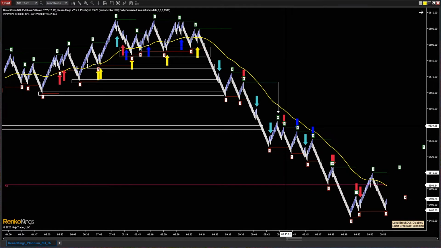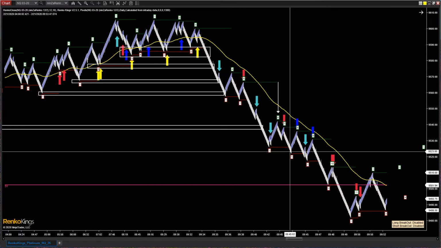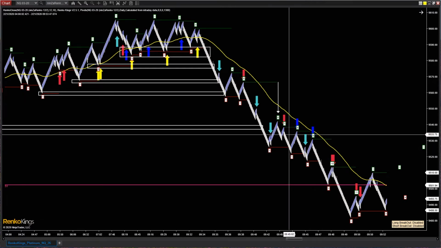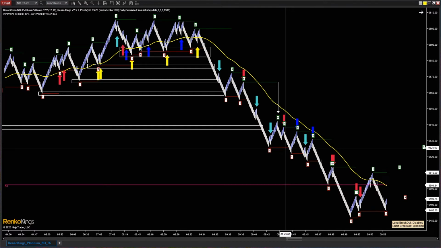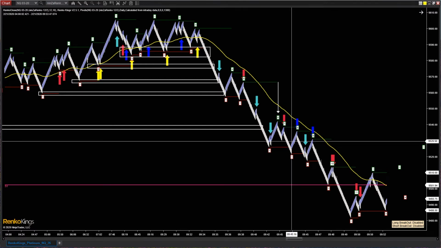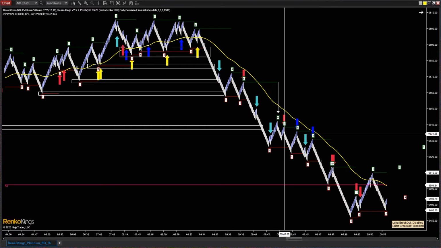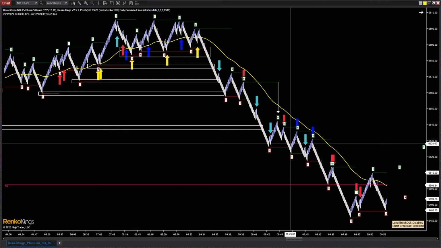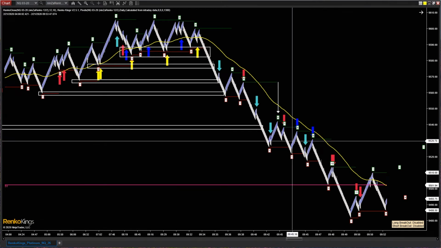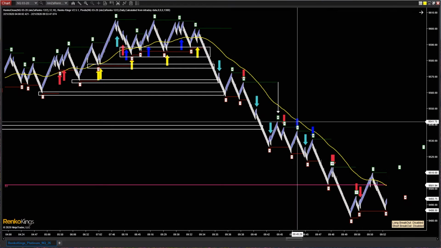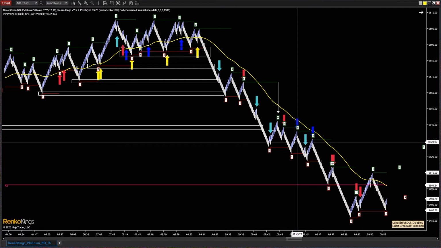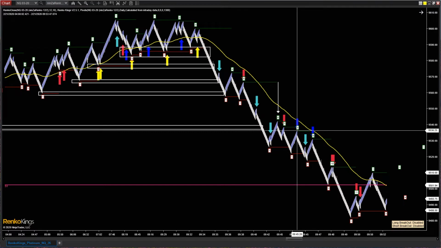Now, depending on how you trailed this, and a lot of you trail it kind of tight, you would not have gotten some long runners. However, with the double top, double bottom setup that I teach you, even if you trailed right up here and you got out, and this candle turned around and you got this blue entry, and you said, well, now I have another double top.